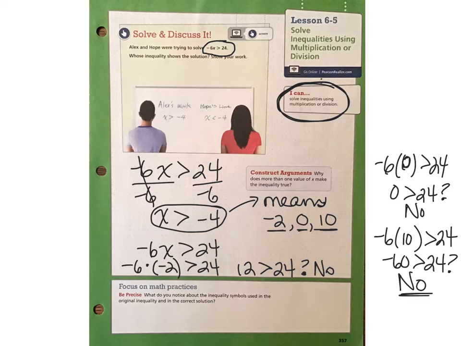So then you must be thinking to yourself, well, what gives? Because this is the answer that Alex got. So why would Hope's answer be correct?